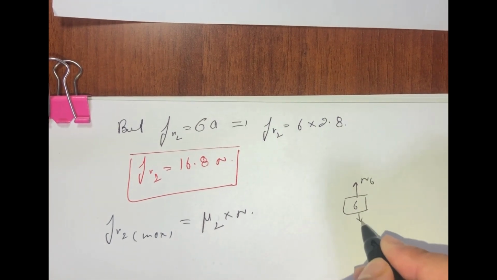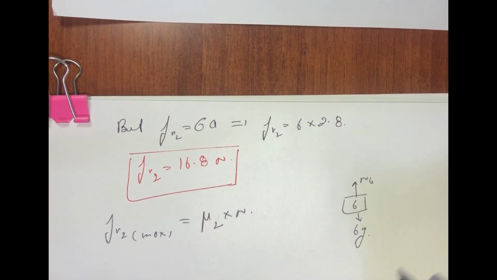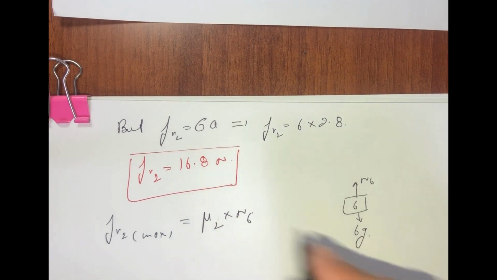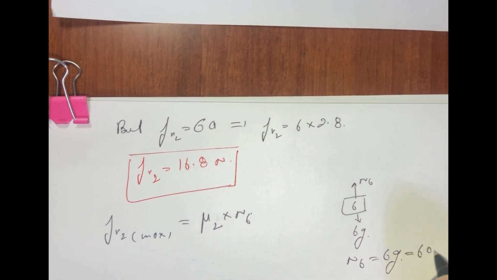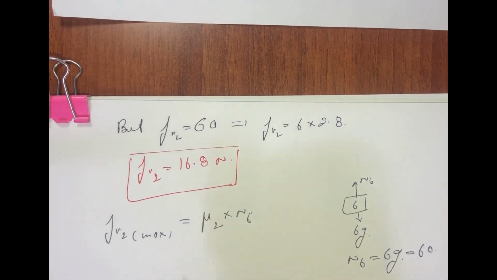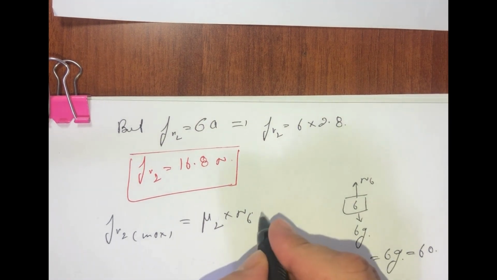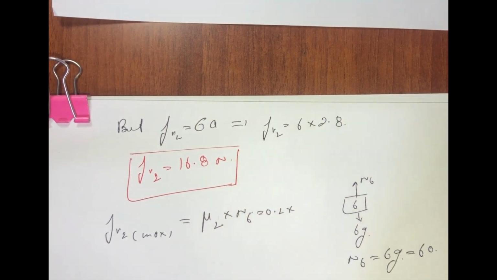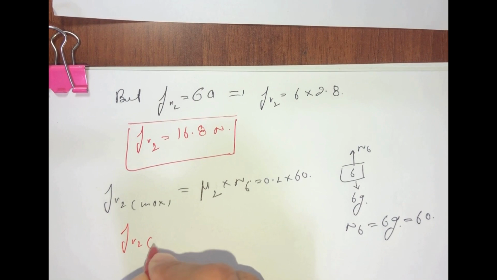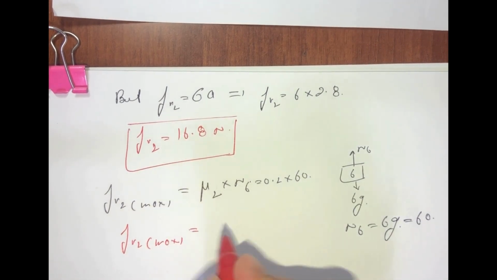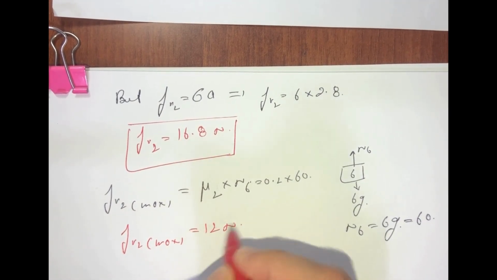In the downward direction it will be 6g, so N6 is equal to 6g, basically 60, and mu2 is given as 0.2. So this will be 0.2 multiplied by 60, and we get the maximum value of the friction available as 12 Newton.